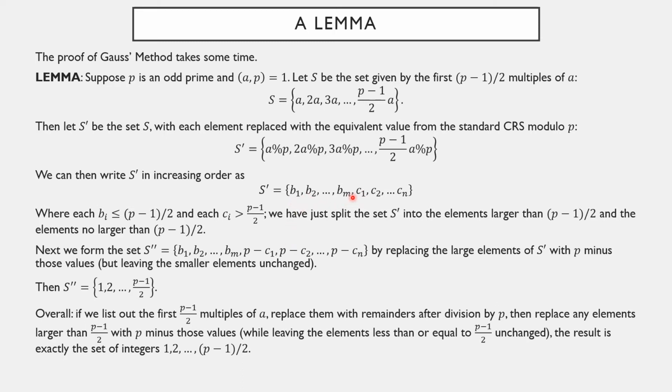The ones that were less than or equal to (p minus 1) over 2, leave unchanged. List out multiples, take remainders. Big remainders get replaced while small remainders are left alone. The claim is that at the end of the day, you are guaranteed to exactly have the list 1, 2, 3, etc. up to (p minus 1) over 2. But now we have to prove it.